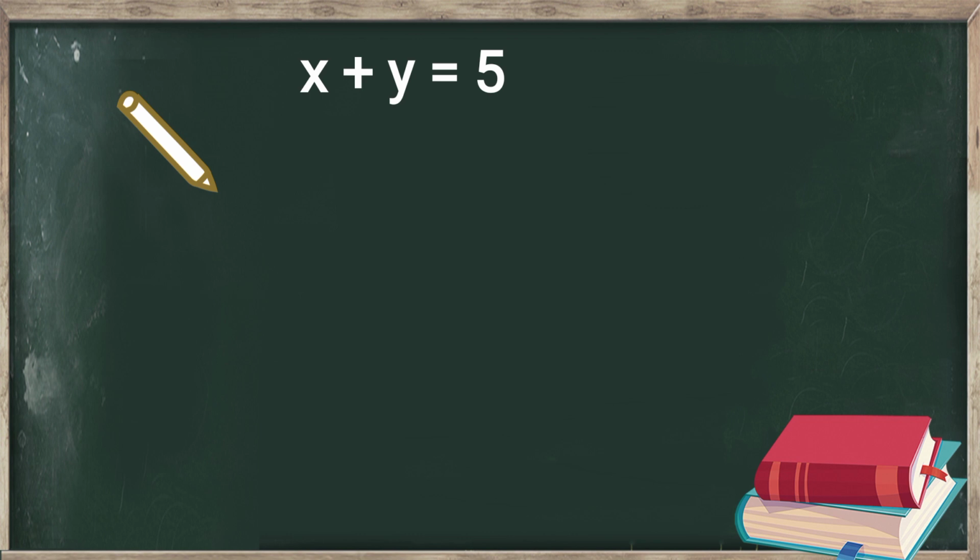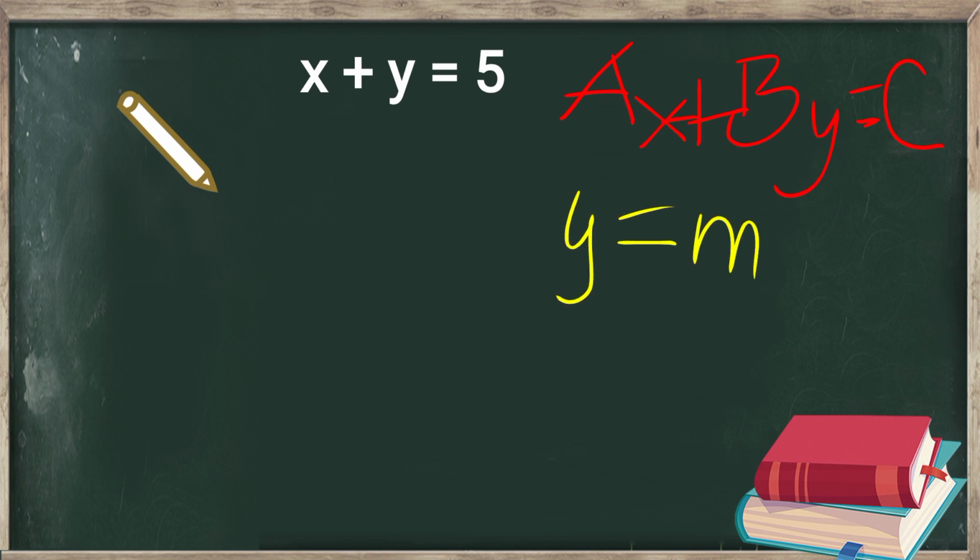Okay, so first thing is this linear equation is already in the standard form, ax plus by equals c. Now we need to transform it into slope-intercept form, which is y equals mx plus b.